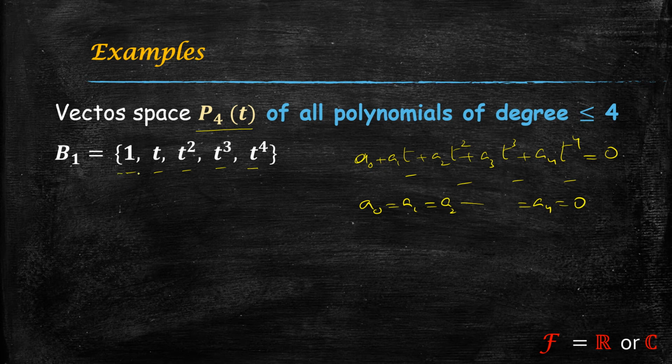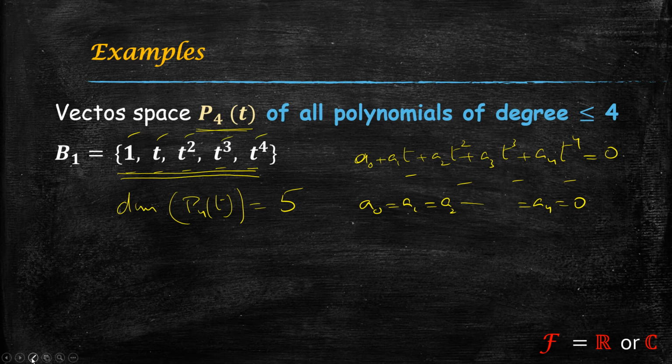So this set is linearly independent. Moreover, every vector of P4(t) can be written as a linear combination of these 5 vectors. So here P4(t) is a vector space, B1 is a basis of the vector space P4(t), and the dimension of P4(t) is equal to 5 because the basis contains 5 elements.